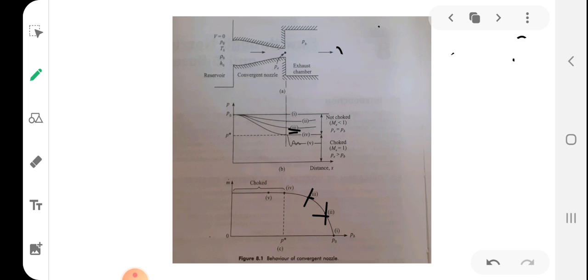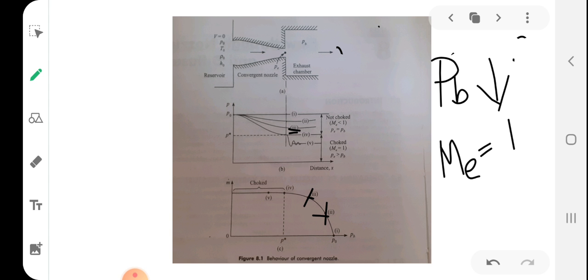Now, when the back pressure is reduced to a value low enough to make the exit plane Mach number equal to 1, so I am reducing PB to a value low enough to make Mach number at exit equal to 1. So I have reduced the back pressure to a very low value such that the Mach number at exit plane becomes 1.